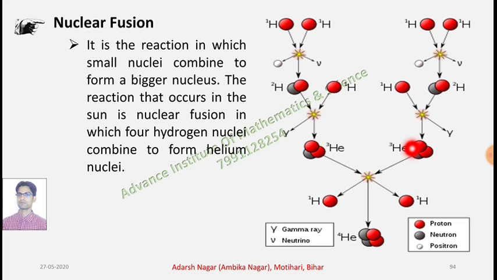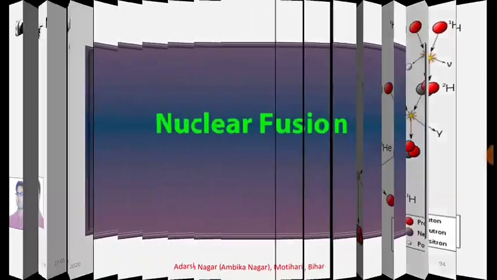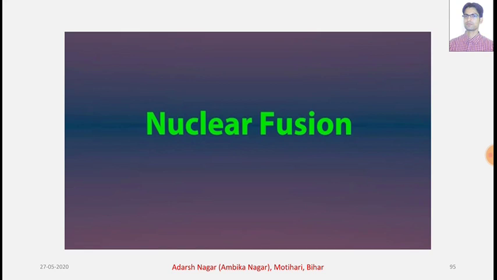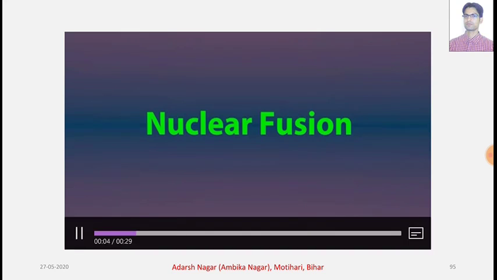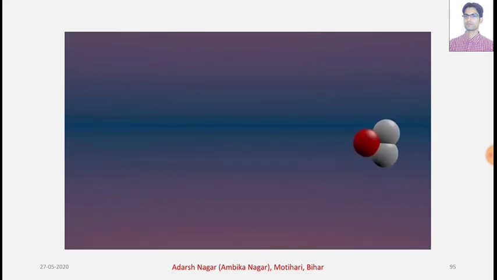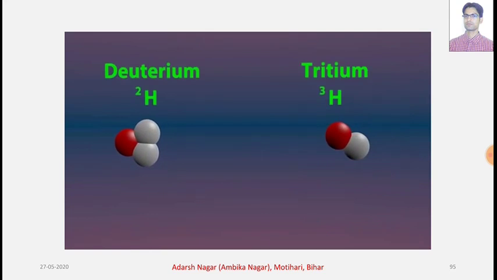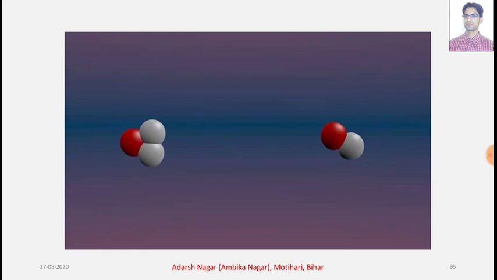Okay, so now we will see a small video to understand this nuclear fusion reaction. Here is the video. Here you can see, this is deuterium, this is tritium, sorry, this is tritium, this is deuterium.